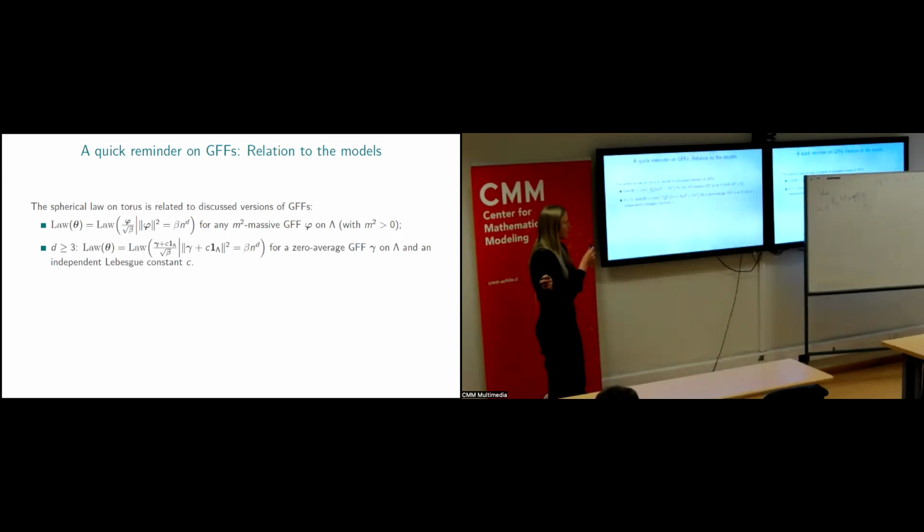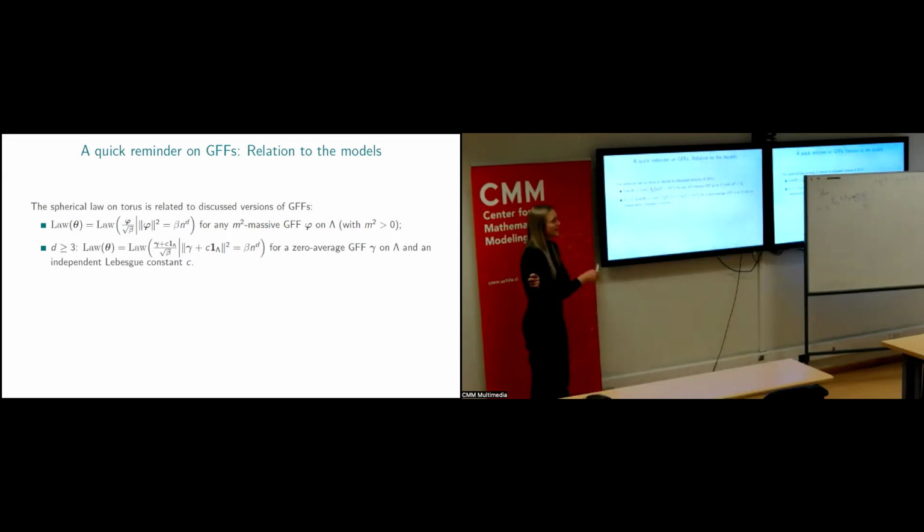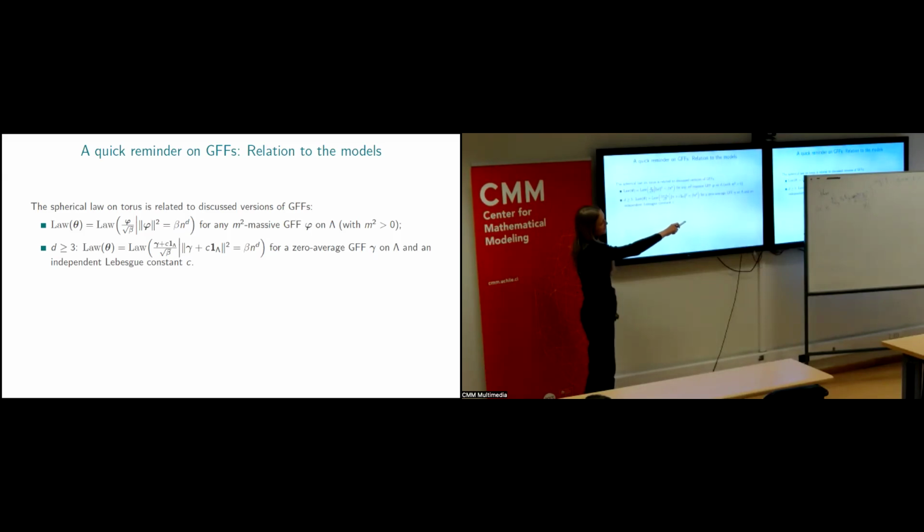The other relation that we can observe and that we show is true is that the law of the spherical model can alternatively be written as follows. If I want to put mass 0 there, it doesn't quite naturally work because the Laplacian is not invertible, but an easy fix is to add a Lebesgue constant and then condition on the sum of the two things to be beta and d. Here c times 1 lambda is just the vector of ones, for each point you put a 1.